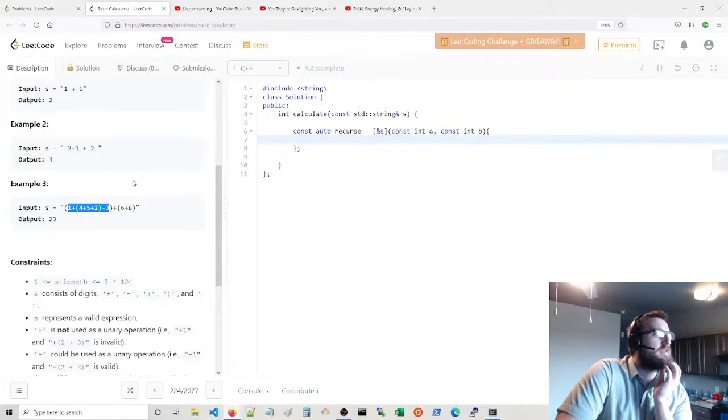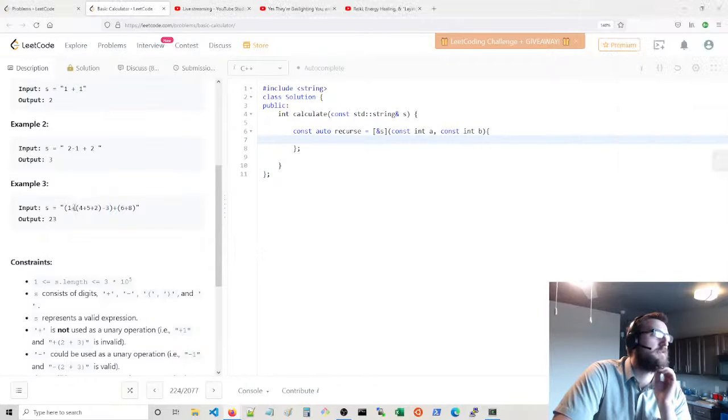I'm actually not sure, but I guess if you see parentheses, you have to find the completing parenthesis, and you can call a recursion on the interior and return that value. I think you want to do it that way.